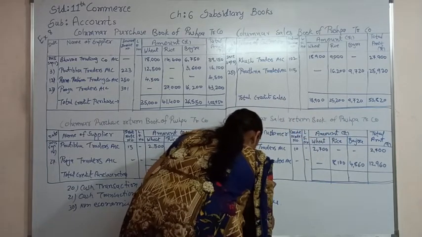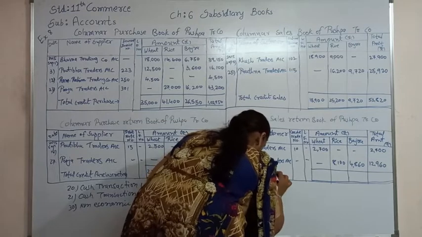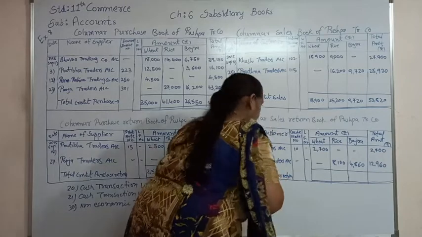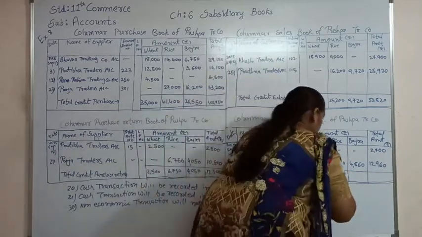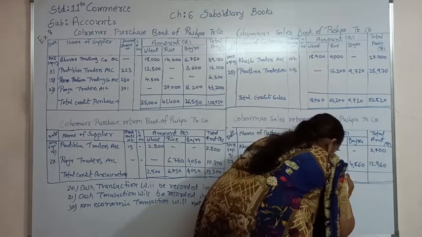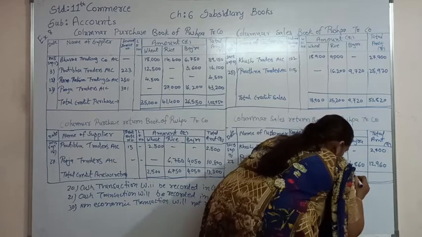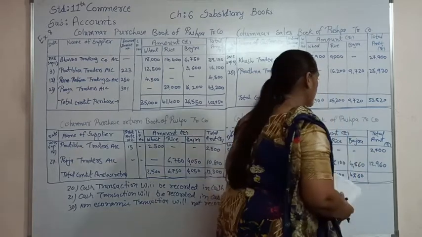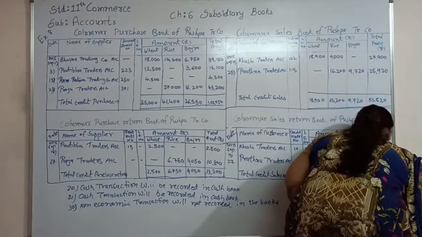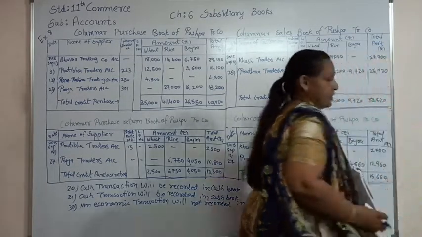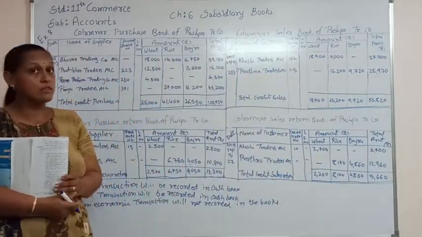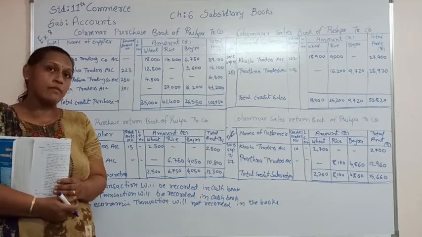Total credit sales return, and for that it is 2,700, this is 8,100, this is 4,860, and the total of that will be 15,660. So this is how we are supposed to prepare the books for the different types of transactions.